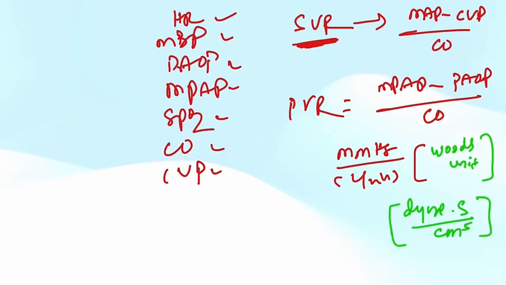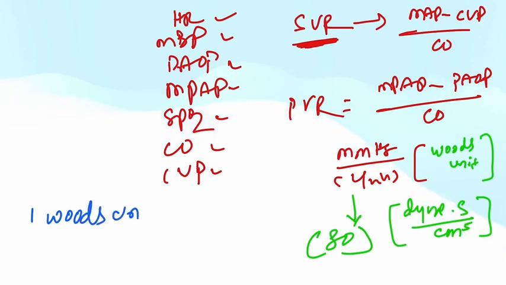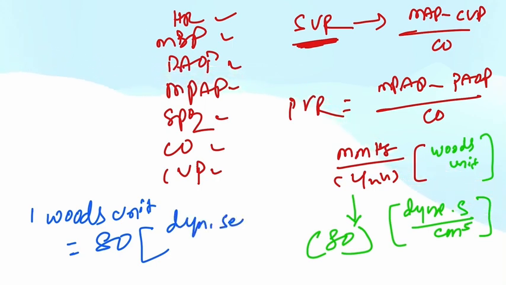When you convert millimeters of mercury, liters and minutes to the respective other units, there comes a conversion factor which is 80. So we can consider 1 Wood's unit equals 80 dyne into second by centimeter to the power 5.